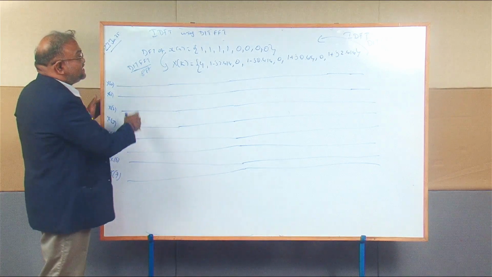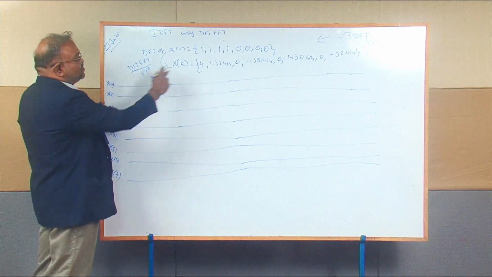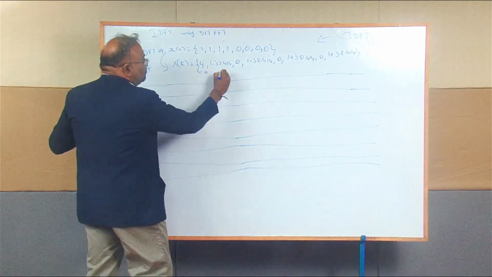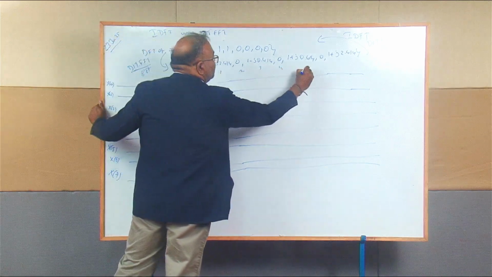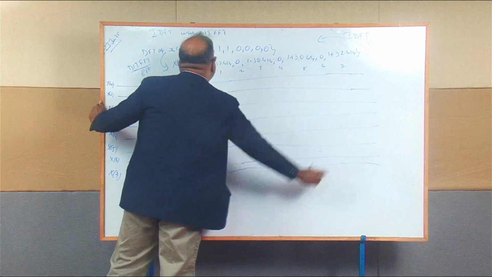So since it's frequency, no shuffling, x of 0 first value, this is 0, 1, 2, 3, 4, 5, 6 and 7.